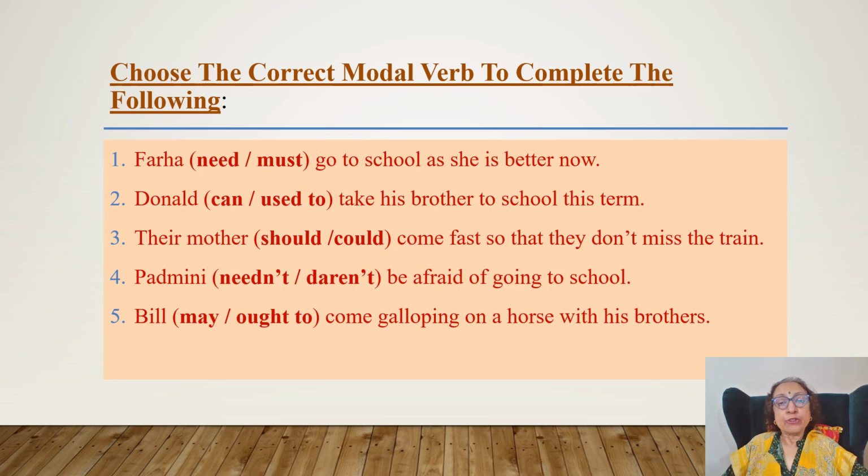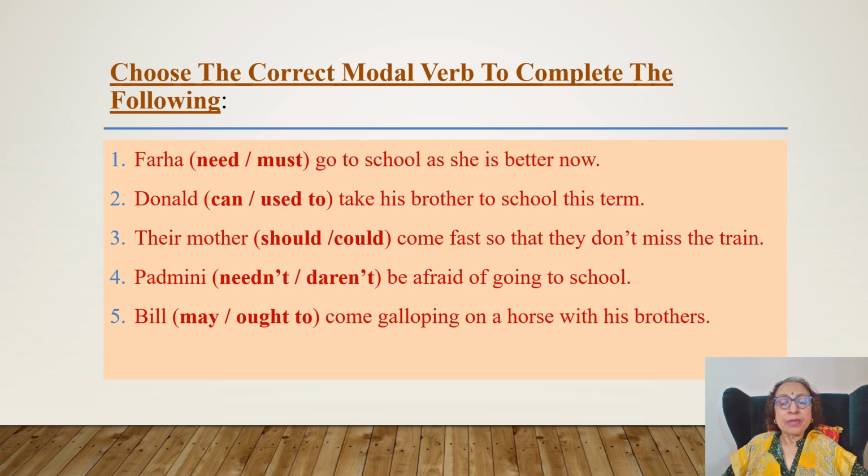Farha, in choice is need and must, go to school as she's better now. Then you have Donald, choice is can and used to, take his brother to school this term. Then their mother, choice is should and could, come fast so that they don't miss the train.